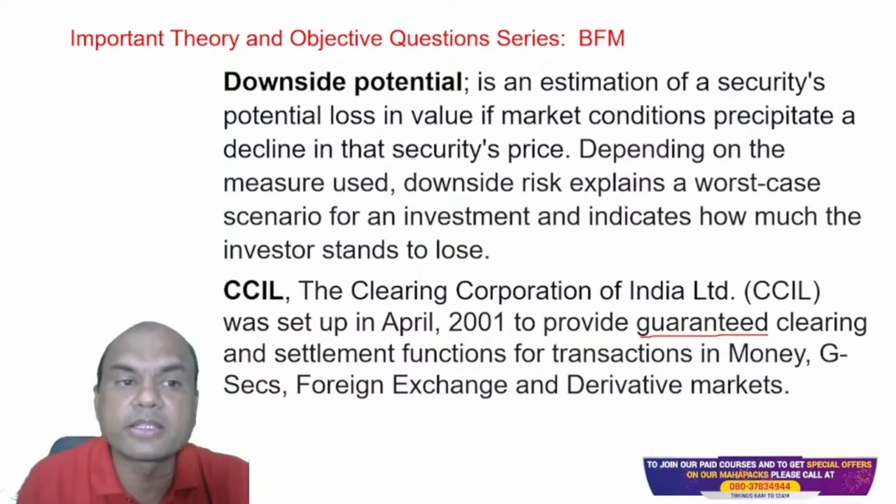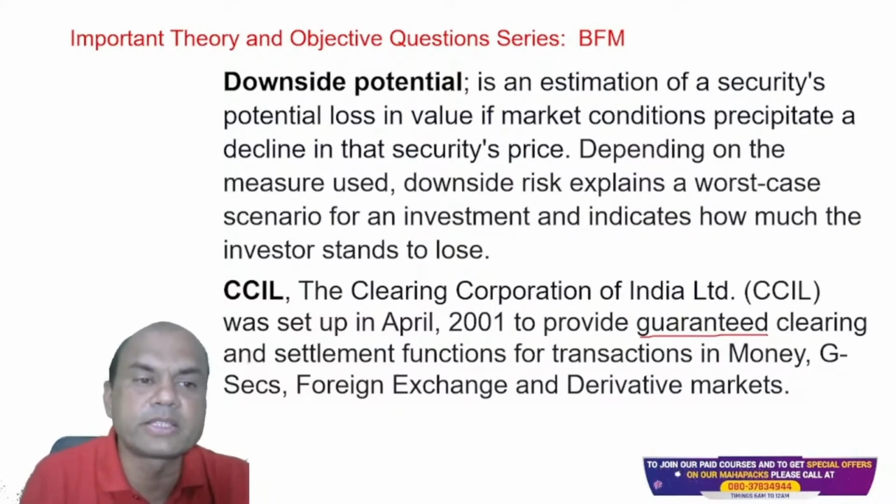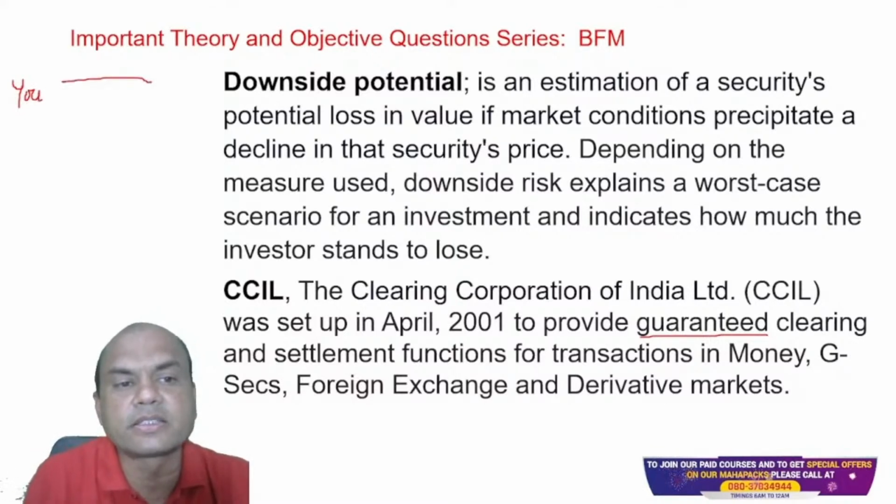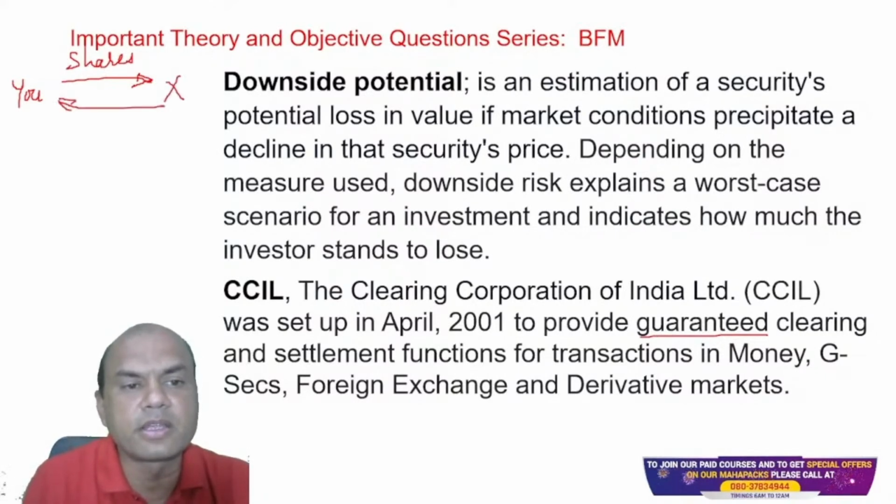What is settlement risk? Let me give you an example. If you sell shares to anyone, this other person, Mr. X, should give you rupees, because you are giving the shares.